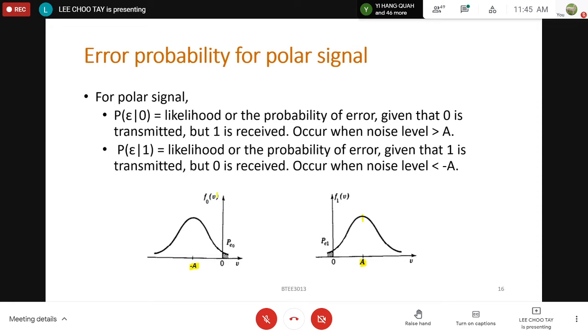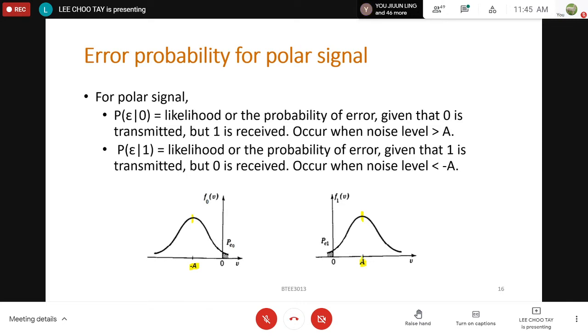Therefore the PDF for 0 is going to look like this, centered at minus A, whereas the PDF for the binary 1 is going to be the same curve, but now centered at A.